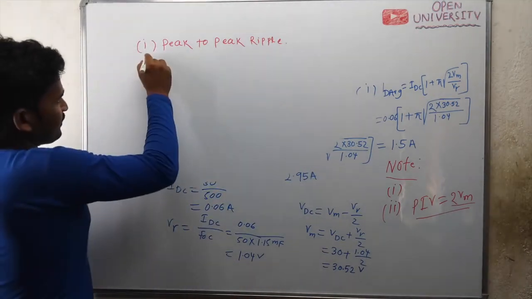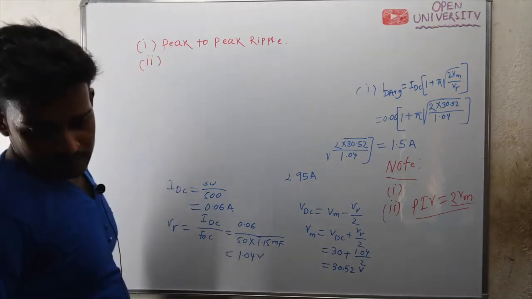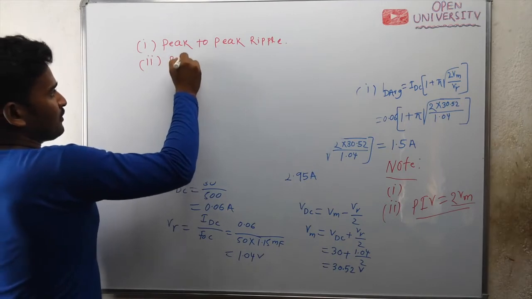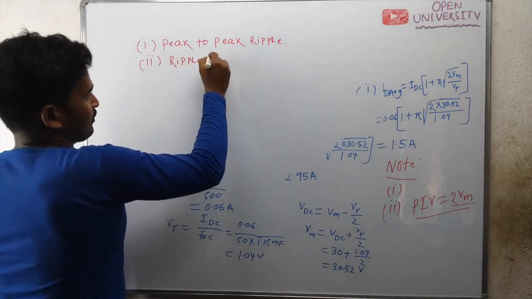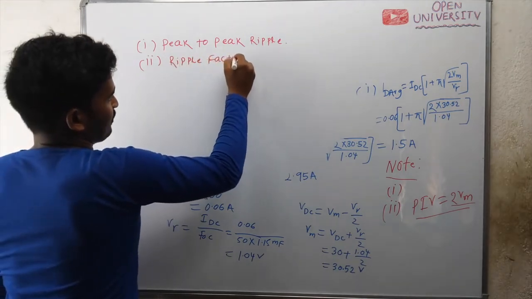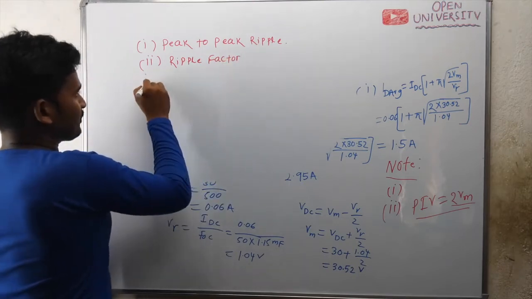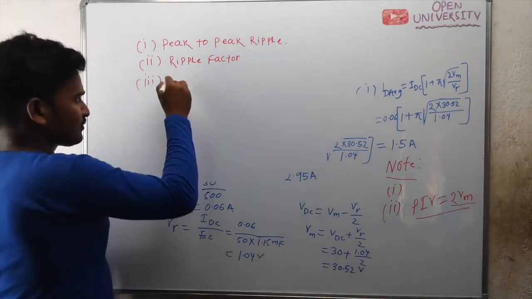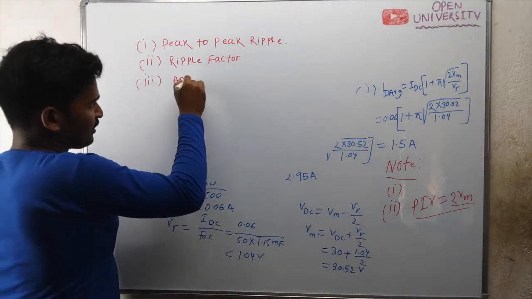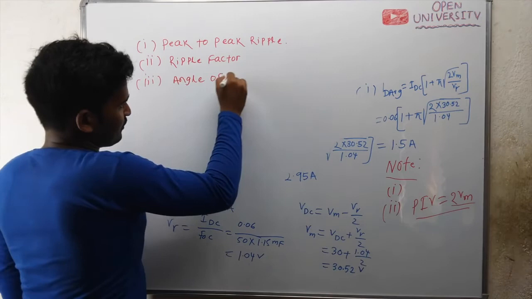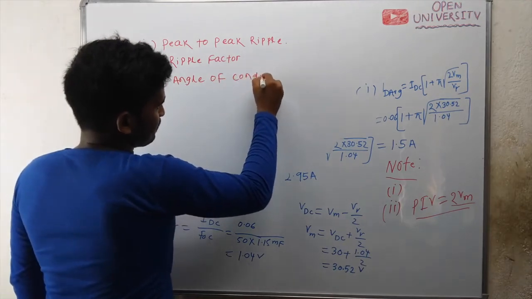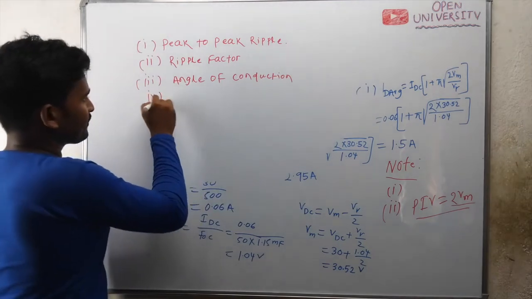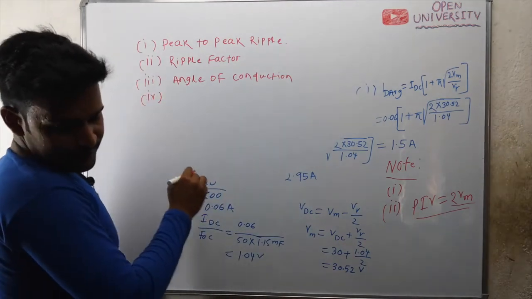Second point, ripple factor. Third point, angle of conduction. Fourth point, duty cycle of the diode.